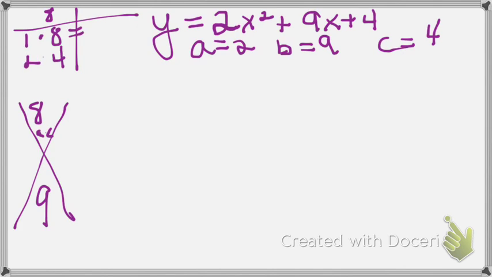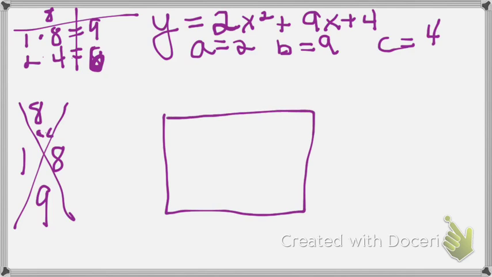What are the only factors that will give you 9, you guys? The only factors that will give you 9 when added is the first one. This will give you 6, not 8, 6 when added. Okay? So I'm looking at 1 and 8 here, and now I can fill in my box. Okay?